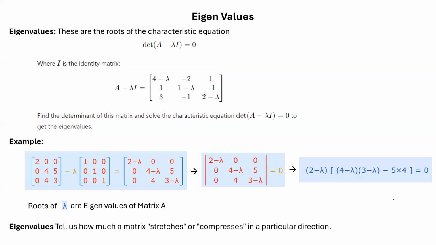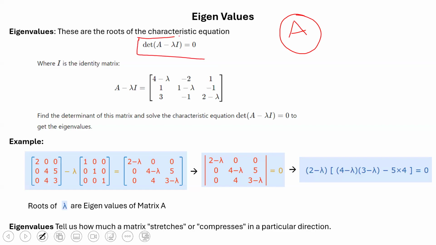Let's suppose a matrix A is given to you and you are asked to calculate its eigenvalues. This is what you have to apply: the determinant of A minus lambda I. What is I? The identity matrix. What does it look like?